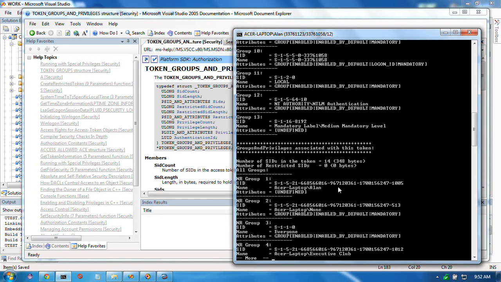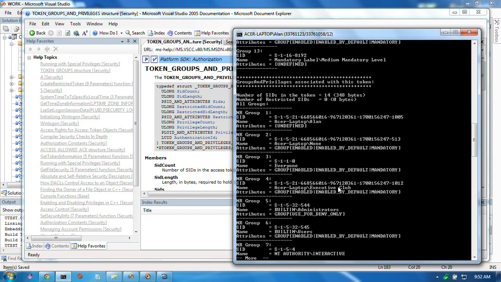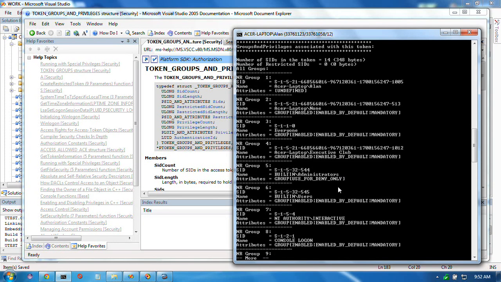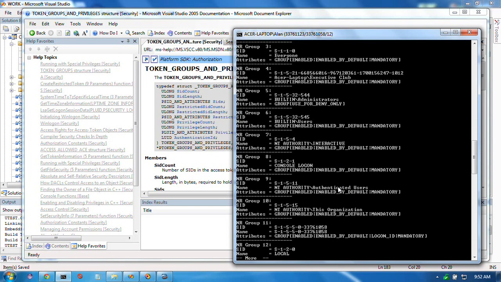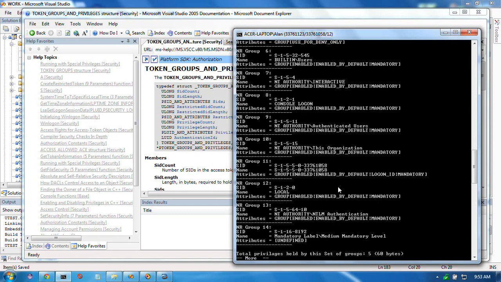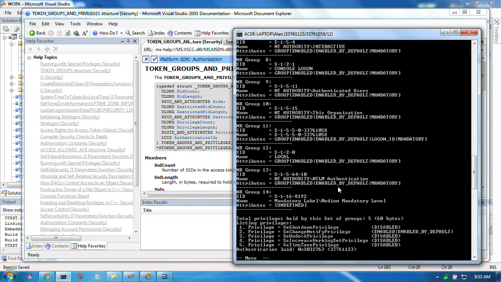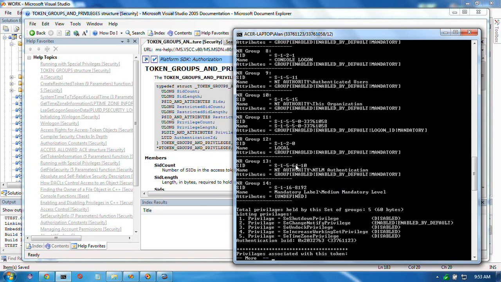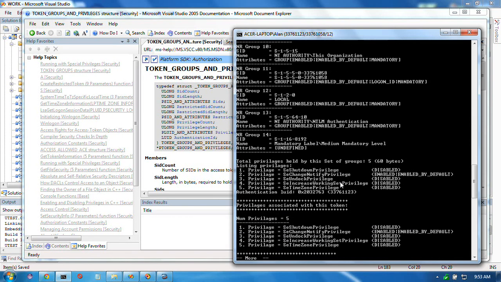These two groups, non-restricted and restricted, form two security context lists as I've defined them, and the non-restricted security context list, I don't have any restricted in this one, typically will contain yourself.